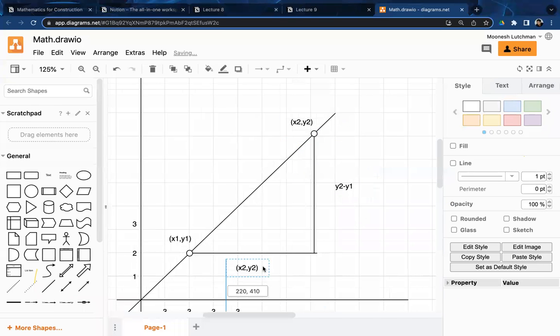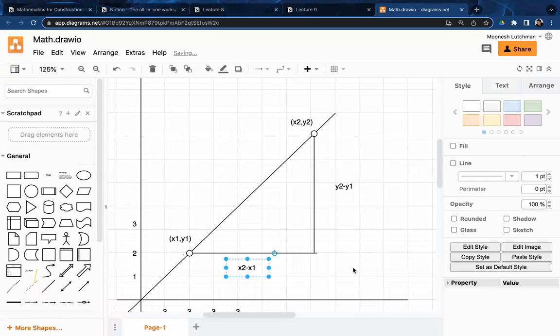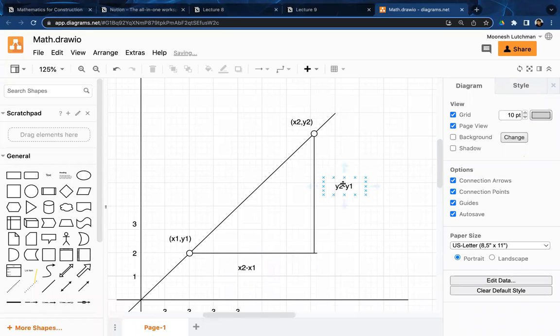And this distance down here is actually x2 minus x1, right? So from Pythagoras' theorem, the sum of the squares of the two short sides is equal to the square of the hypotenuse, right?